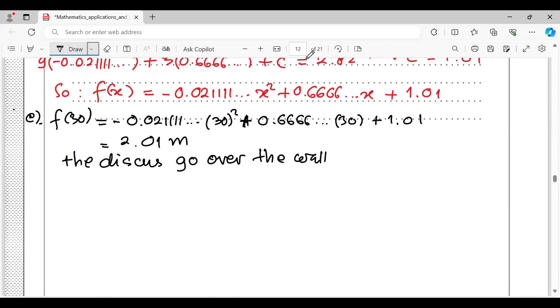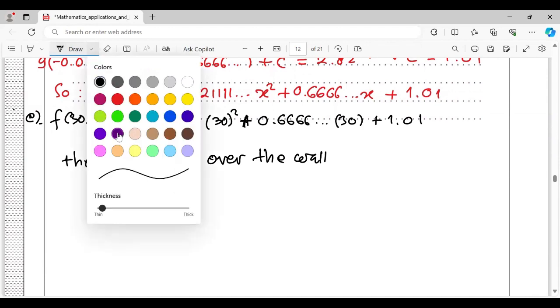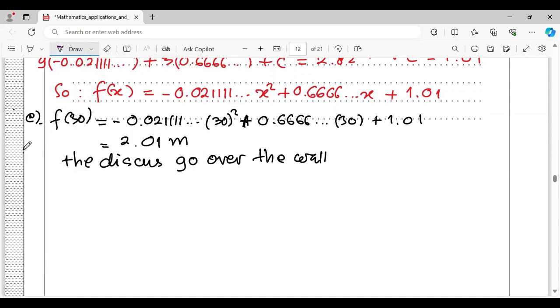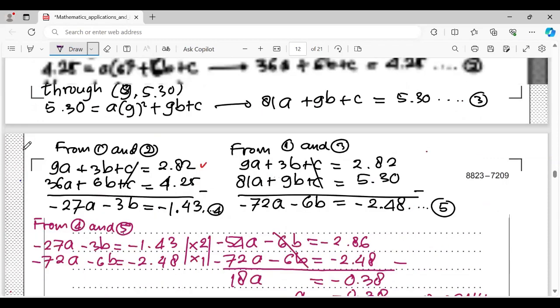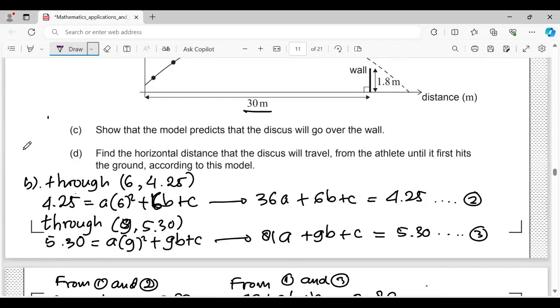Next, D. The question is: find the horizontal distance that the discus will travel from the athlete until it first hits the ground, according to this model.